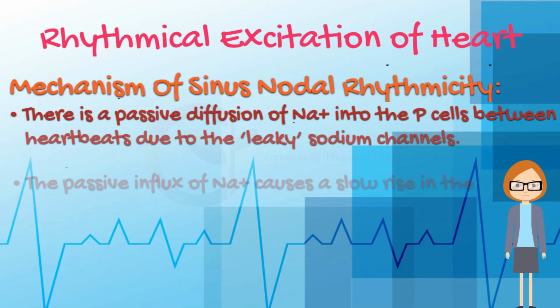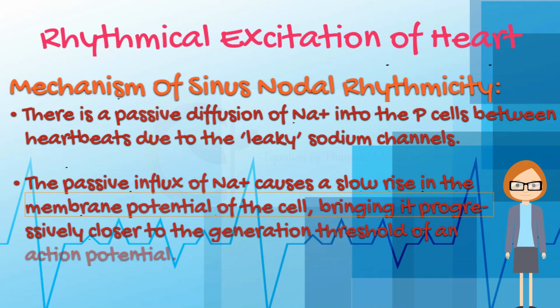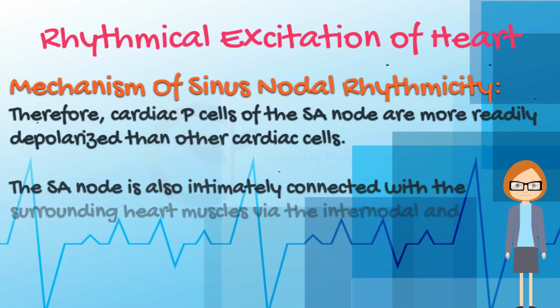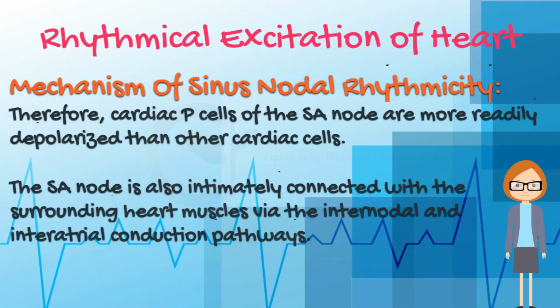There is a passive diffusion of sodium into the P cells between heartbeats due to the leaky sodium channels. The passive influx of sodium causes a slow rise in the membrane potential of the cell, bringing it progressively closer to the generation threshold of an action potential. Therefore, cardiac P cells of the SA node are more readily depolarized than other cardiac cells.